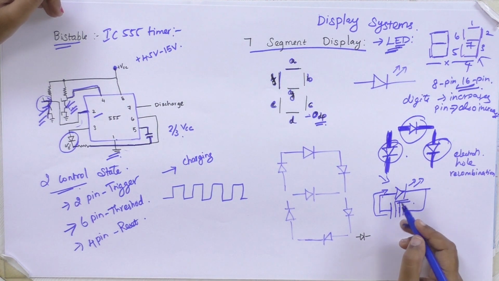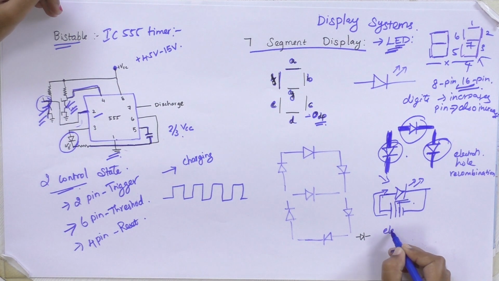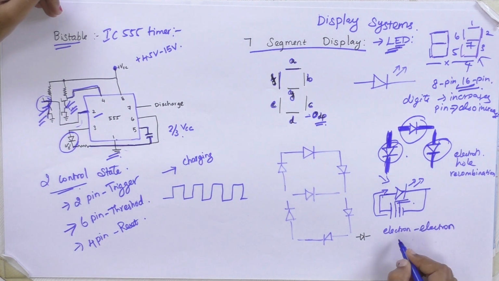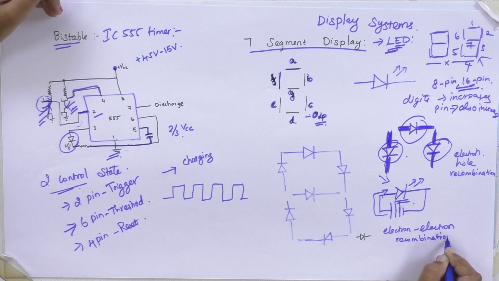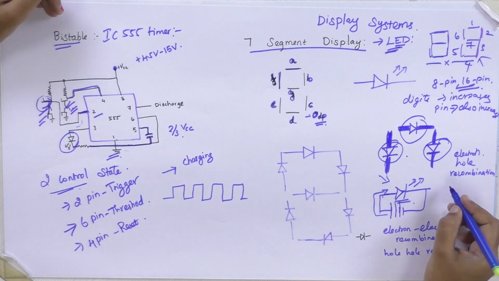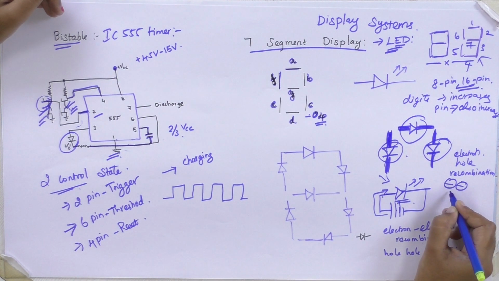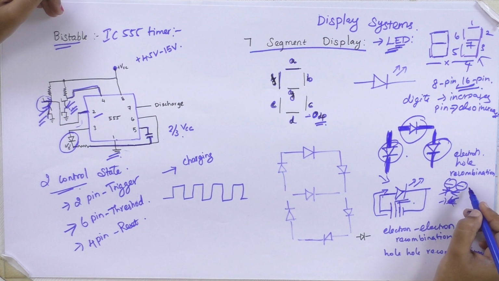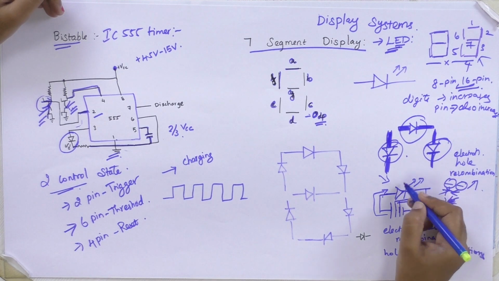But for light emitting diodes, electron or hole recombination takes place. That is, two electrons collide, which emits radiation, that is light radiation.